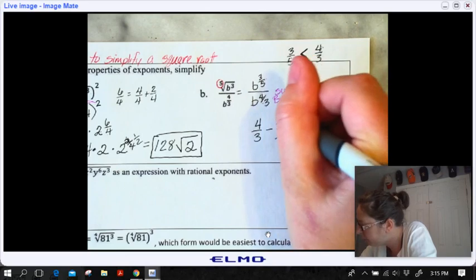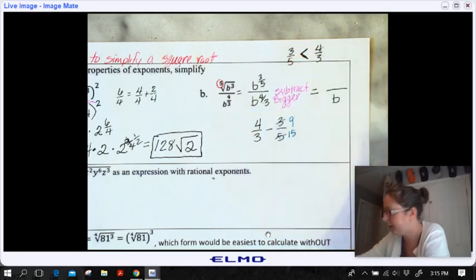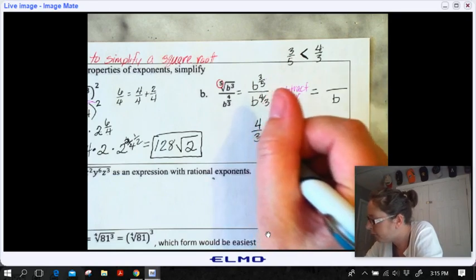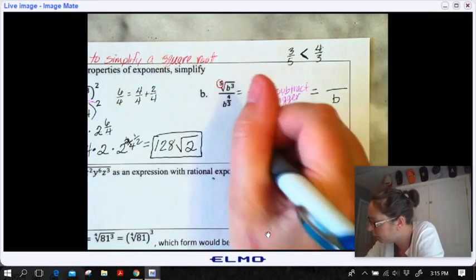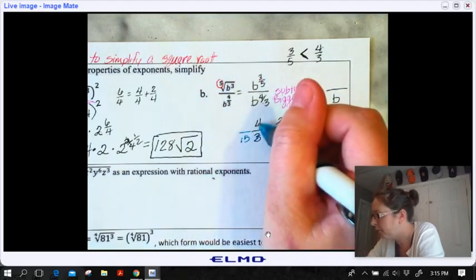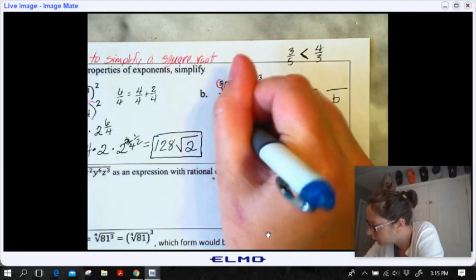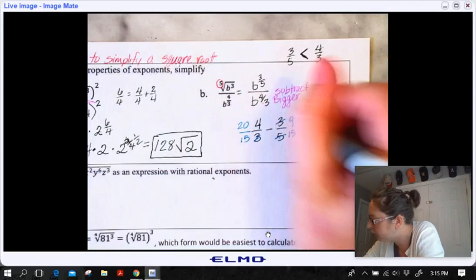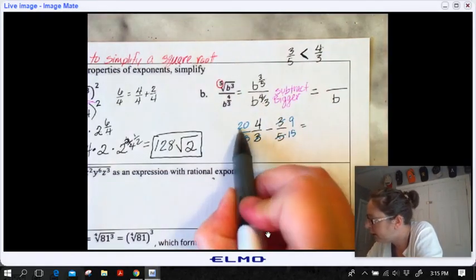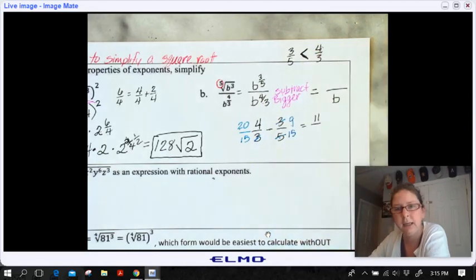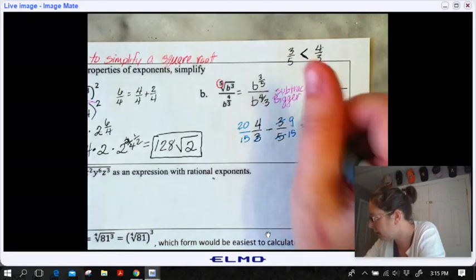So 3 times 3 is 9. And then let's do, how do I get from 3 to 15? I got to multiply by 5. So on top, I'm going to do 5 times 4 and get 20. Okay, now I'm ready to actually subtract. So 20 minus 9 is 11, and I keep the denominator the same.